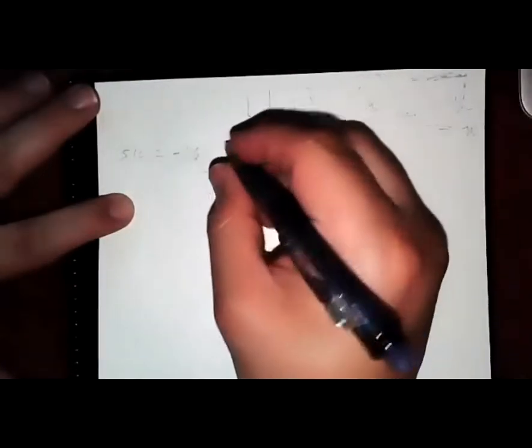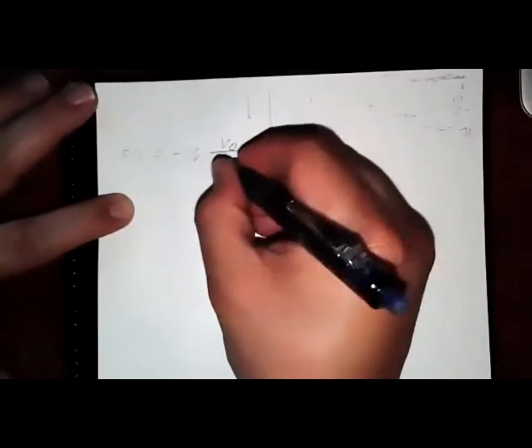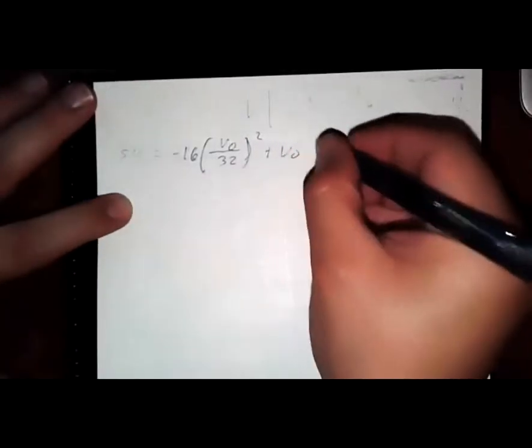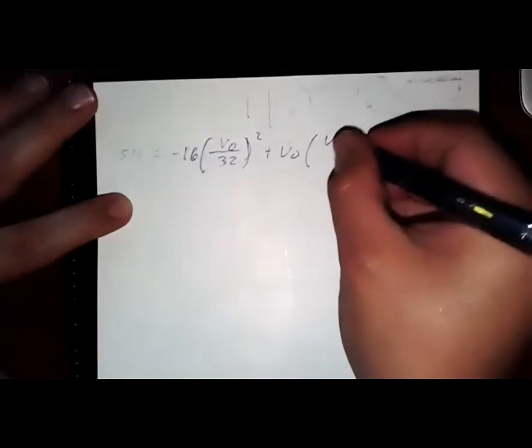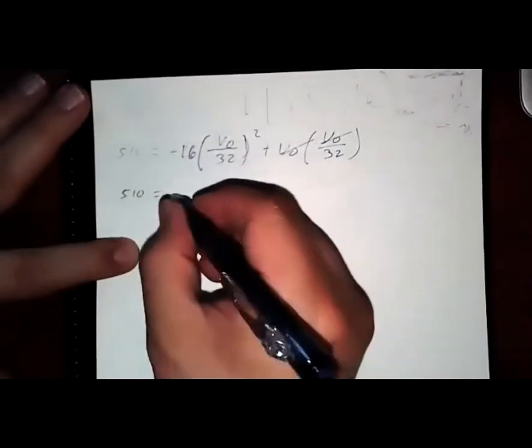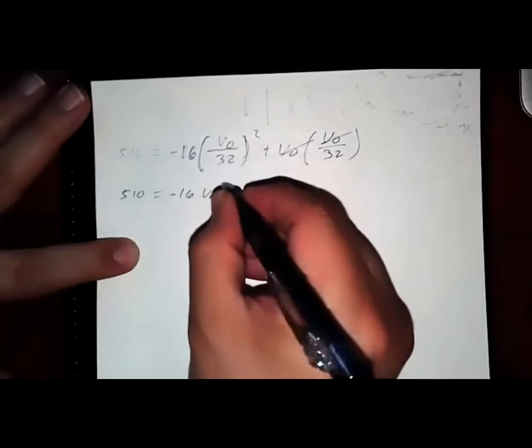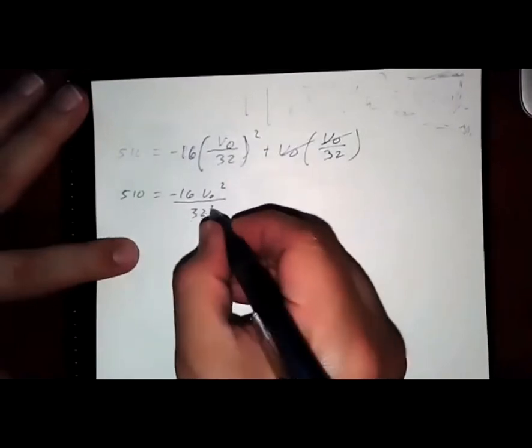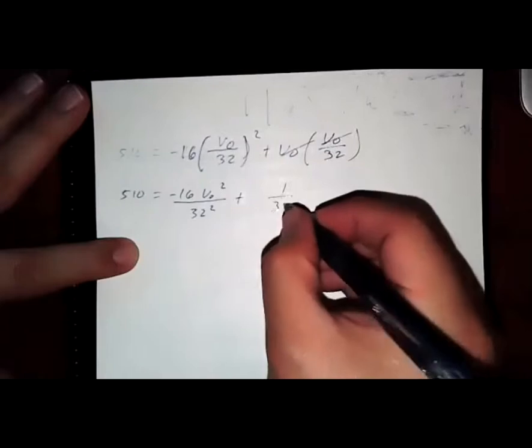See if this one works. Okay. Plus v naught times v naught over 32. So these v naughts will cancel. 510 equals, so this would become negative 16 times v naught squared over 32 squared, whatever the heck that is, plus 1 over 32.